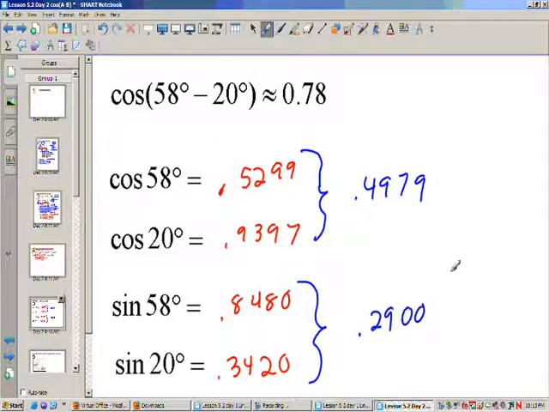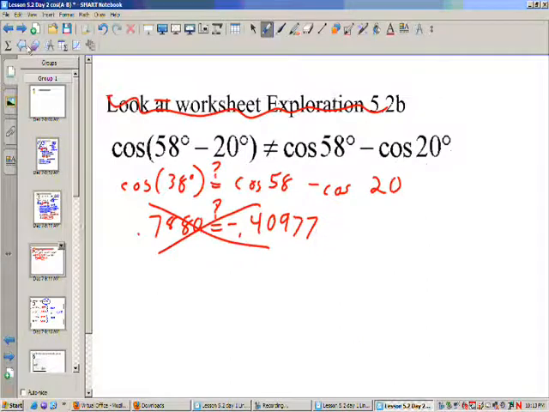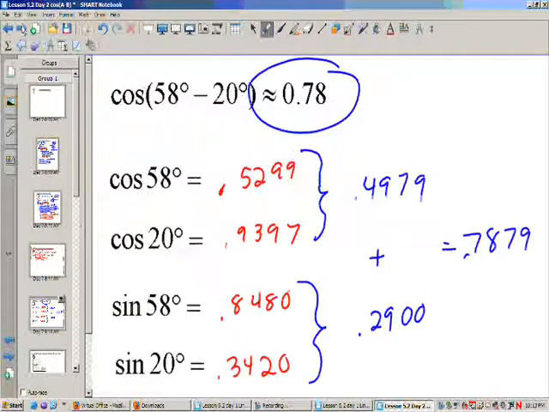What can we do with these values? Well, if we add them up, we'll get about 0.78, 0.79. So that's about 0.78, which is about what this answer should be. We said this is about 0.788. So there was, of course, some rounding near the end there.